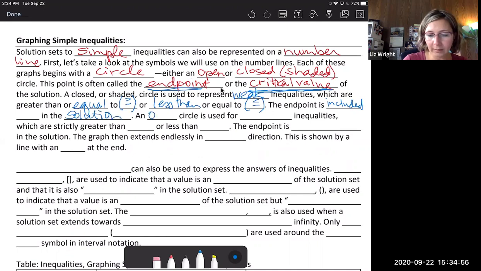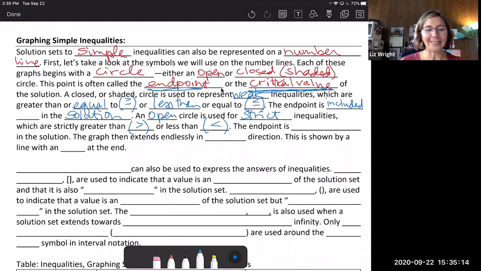An open circle is used for strict inequalities, which are strictly greater than or less than.